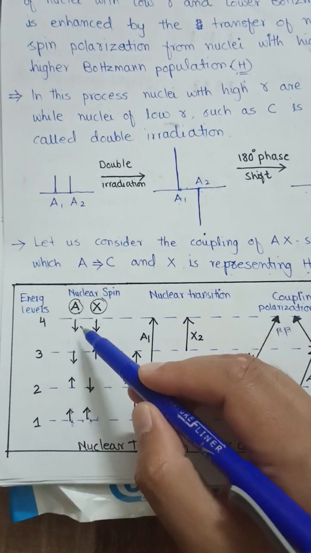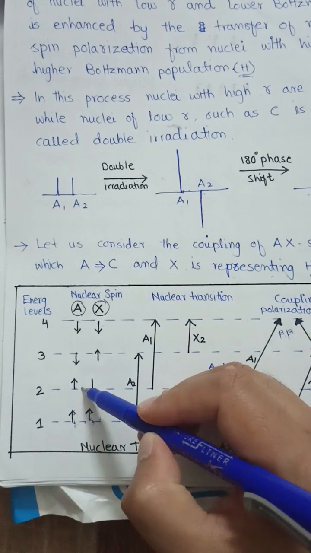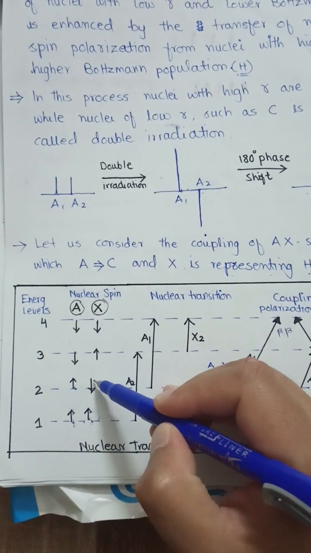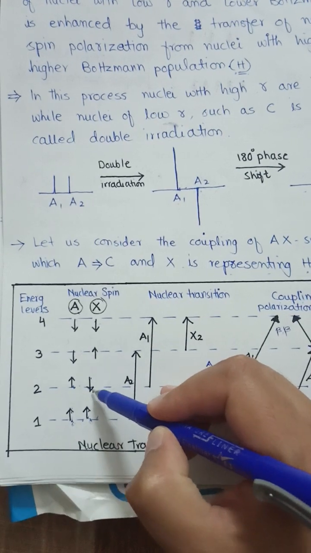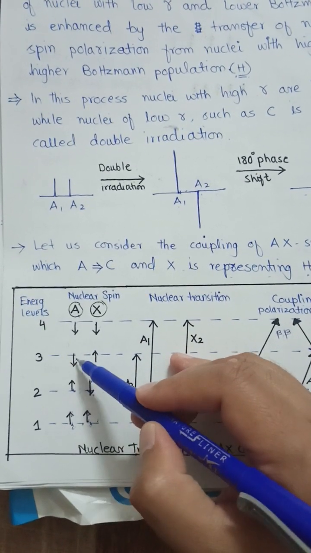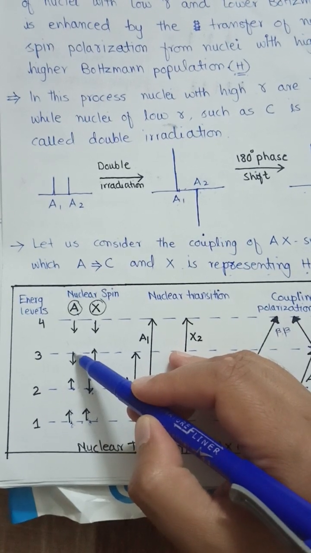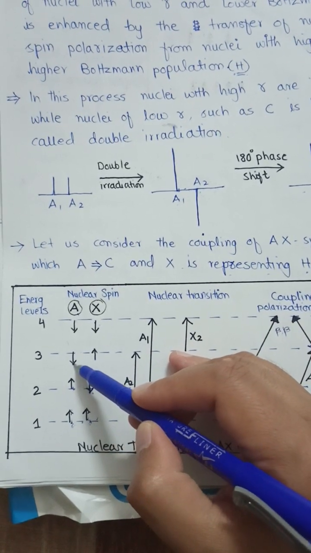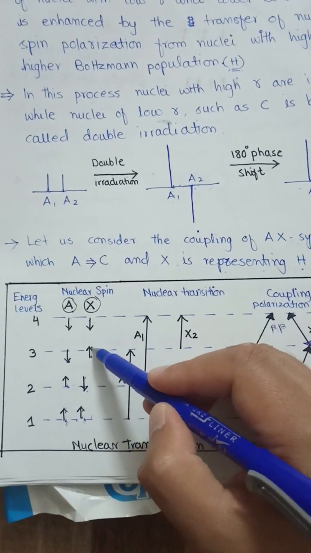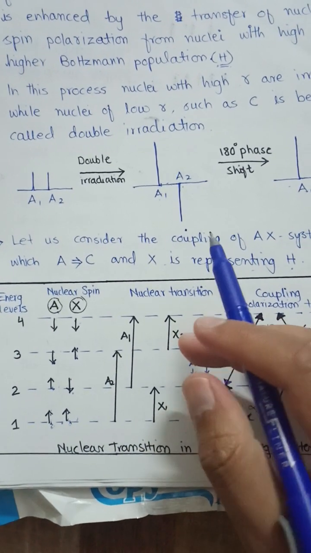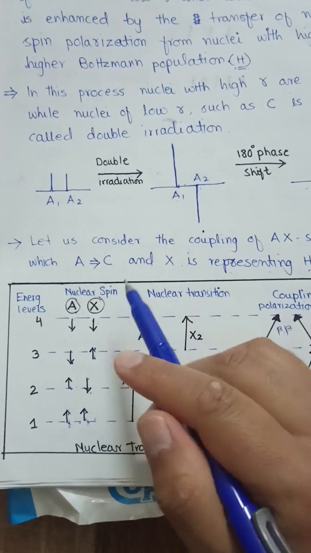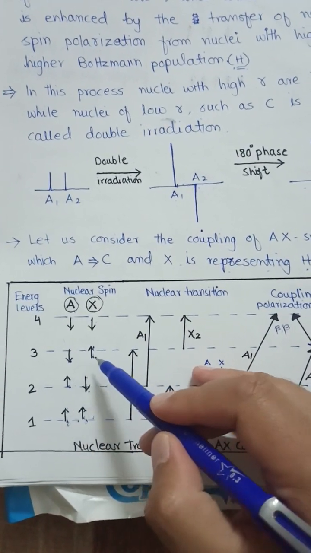In between these two energy levels, two cases may be observed: in energy level 2, carbon is in the alpha spin state whereas the proton is in the beta spin state, and in energy level 3, the carbon is in the beta spin state whereas the proton is in the alpha spin state. So these two are intermediate levels, in which one is in the alpha spin and the other is in the beta spin state.